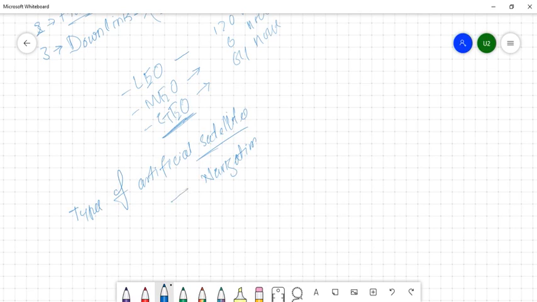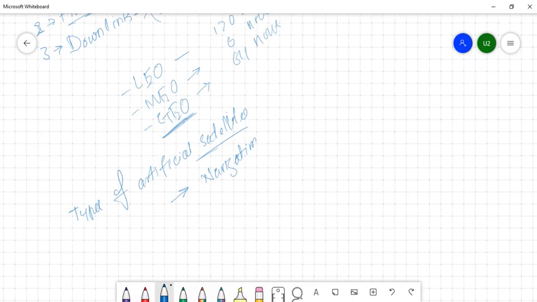Navigation satellites determine the geographic location of any object like a ship, aircraft, plane, car, anywhere, whether it is sea or land.